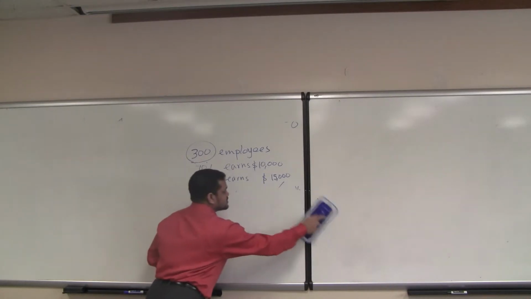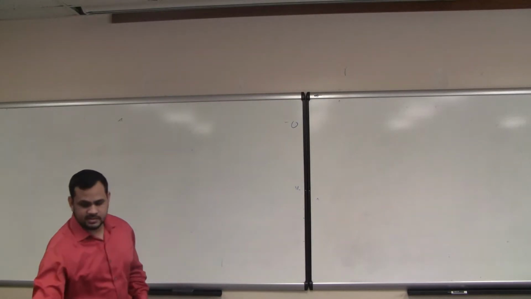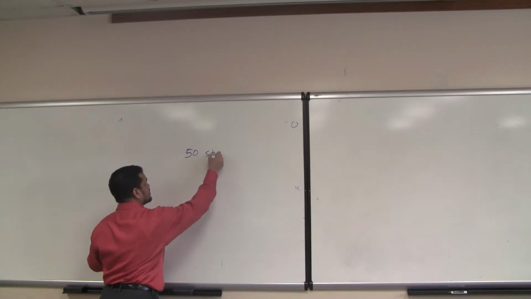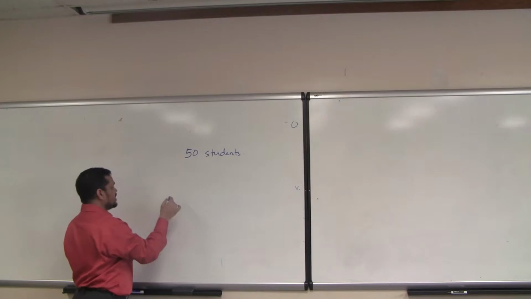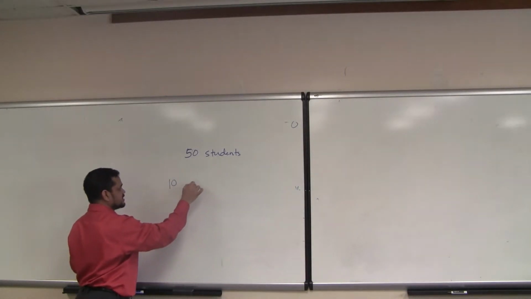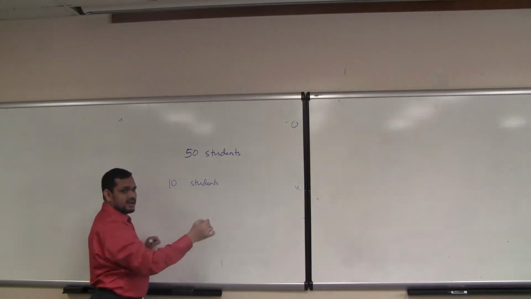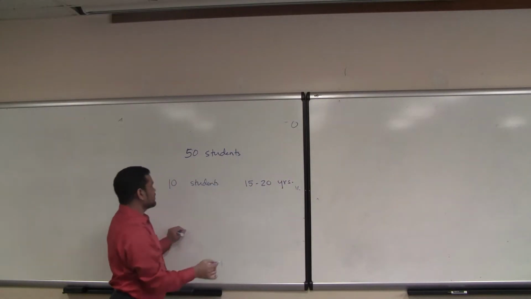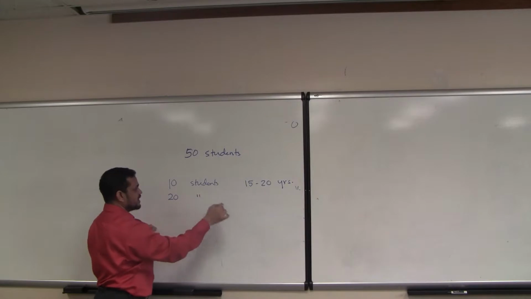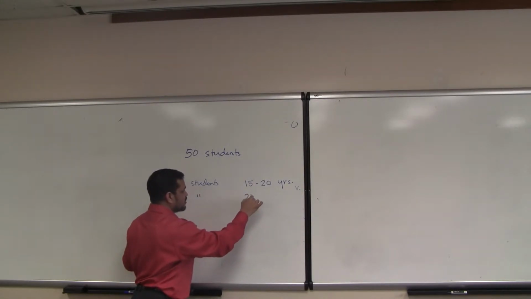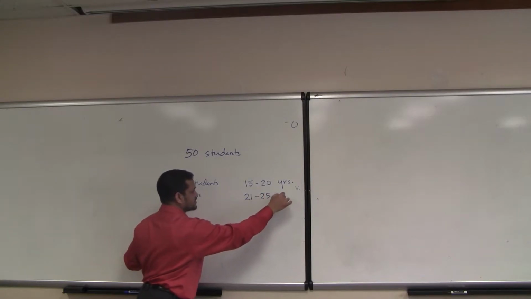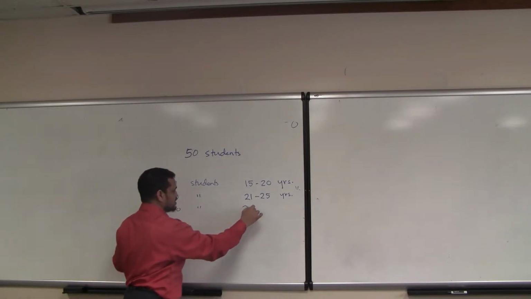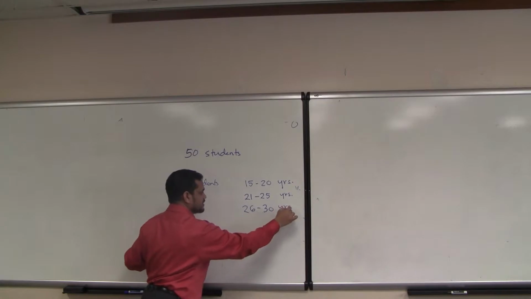Now another kind of weighted mean is with ranges. In this class we have about 50 students. Assume 10 students have ages 15 to 20 years, another 20 students have ages 21 to 25 years, and the rest, 20 students, have ages 26 to 30 years.